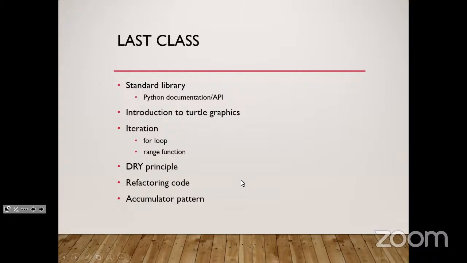We talked about refactoring code and making it more streamlined and reusable. And we talked about the accumulator pattern, which is just a special for loop where it adds things up, right? So all these things are going to come into play again as we move forward. Nothing you learned in previous weeks will ever be forgotten because this class definitely builds on itself. Everything you learned last week will probably be applied this week too.